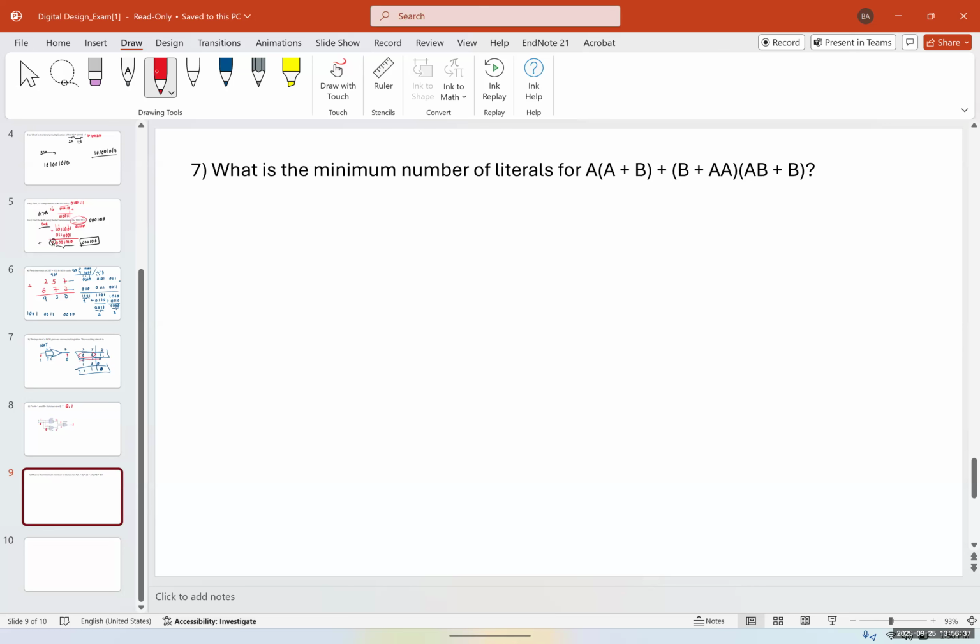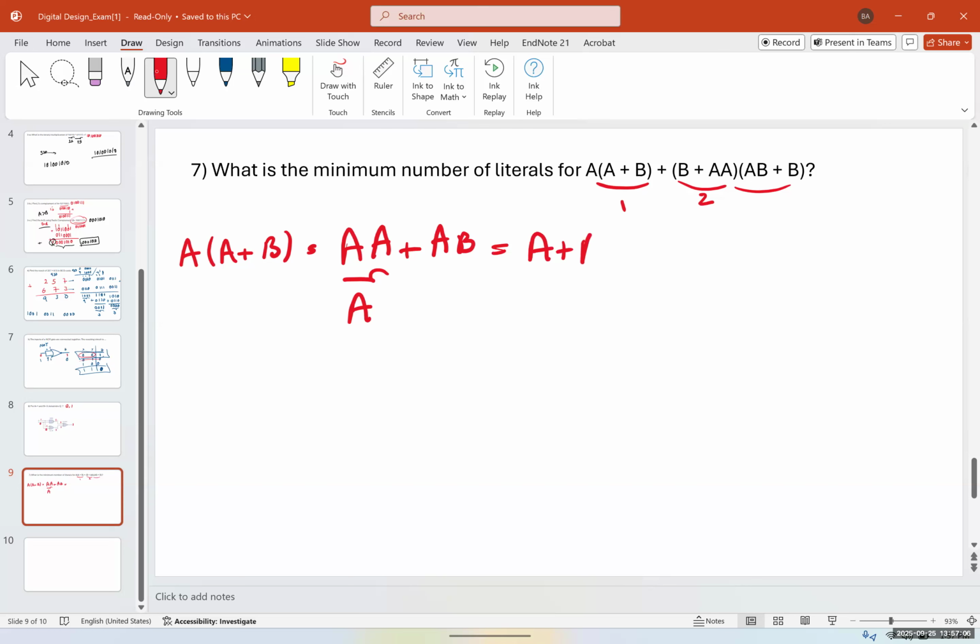Okay, did you solve it? So let's break it down and make it easier to solve. I'm going to do it one by one. So part A times A plus B, this would be equal to AA plus AB. What is AA equal to? It's A. So this would be A plus AB.